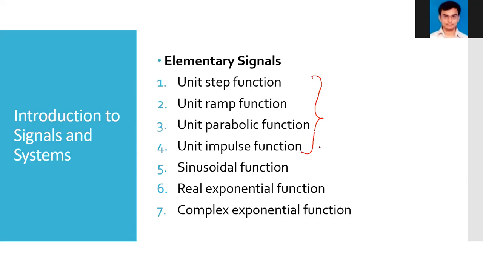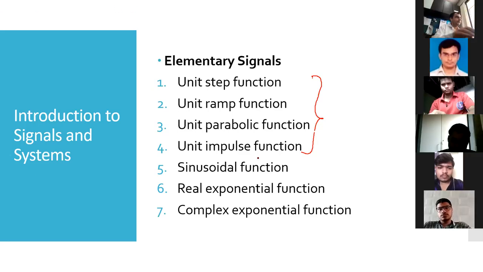And fourth is the unit impulse function. Now, as far as I know, you have already studied all four functions or signals in control systems, right? Or you might have also studied this in circuits and networks, right? Yes or no?